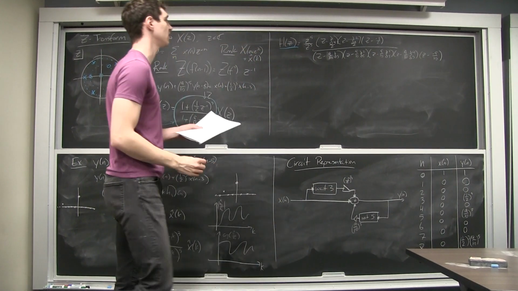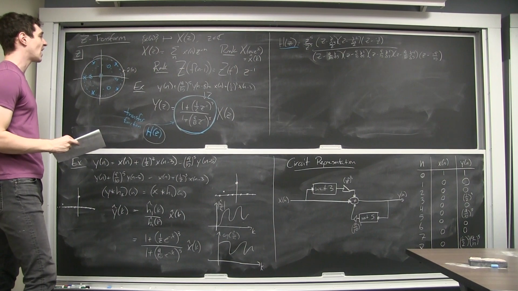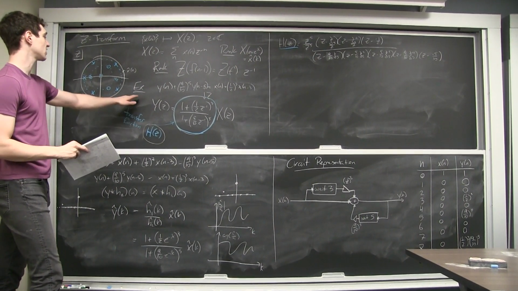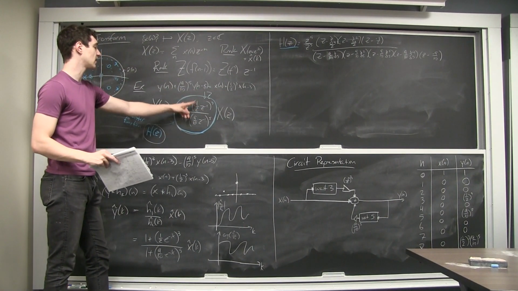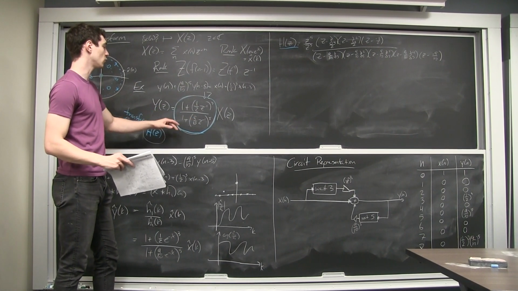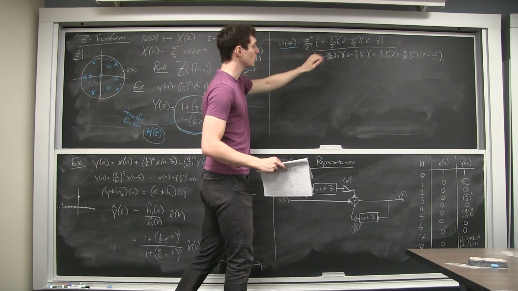Before we interpret this any further, let me make a comment that the fact that our filter coefficients are real means that we have some real fractional polynomial here, which means that when we factor it, we get conjugate roots.